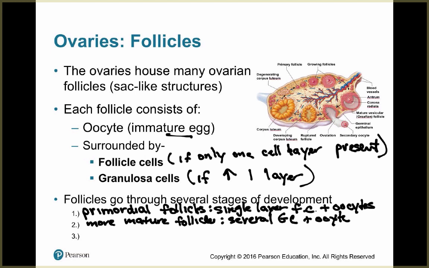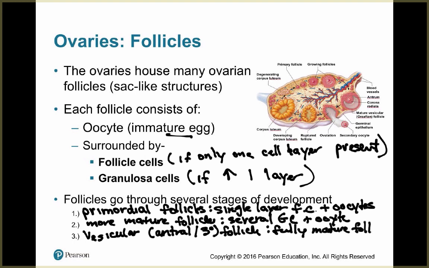From here, you're going to have what's known as a vesicular, or antral, or actually tertiary, I'm just going to put a 3 there, follicle. This is basically a fully mature follicle. And basically there's a fourth here, where a fluid-filled antrum forms.